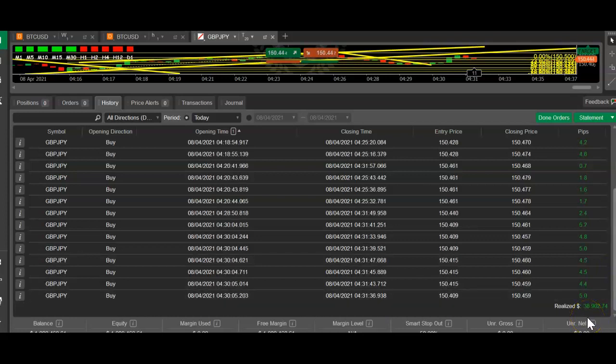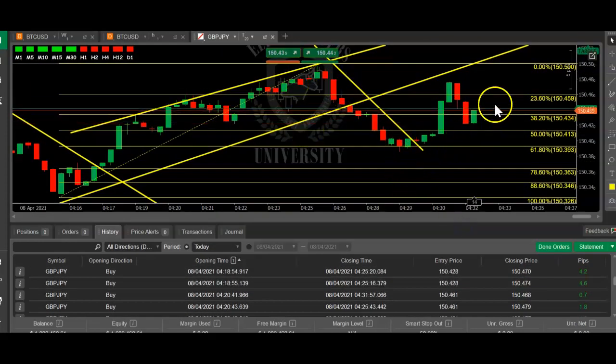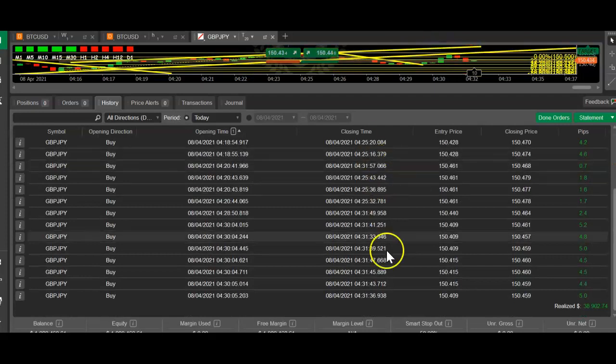But there we go, $38,902 in 19 minutes. Not bad, right? Simple trend lines, Fibonacci, support, some round numbers, put together, and put together $39,000.